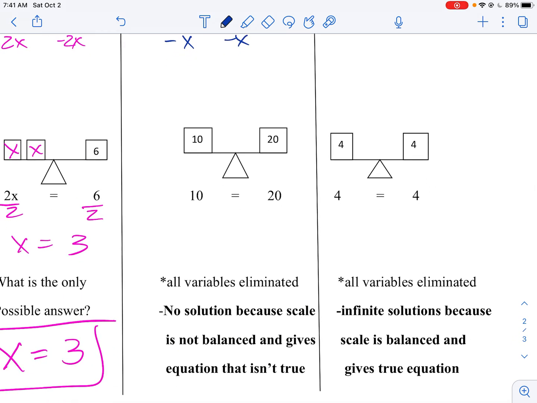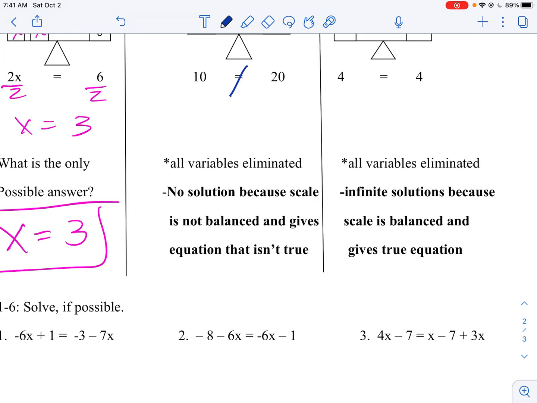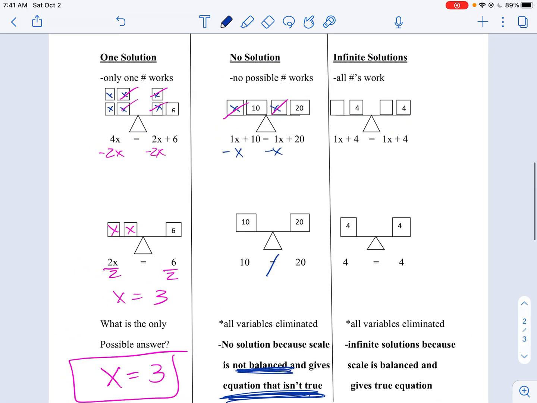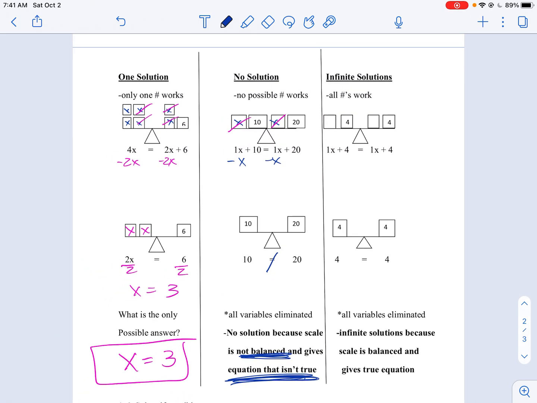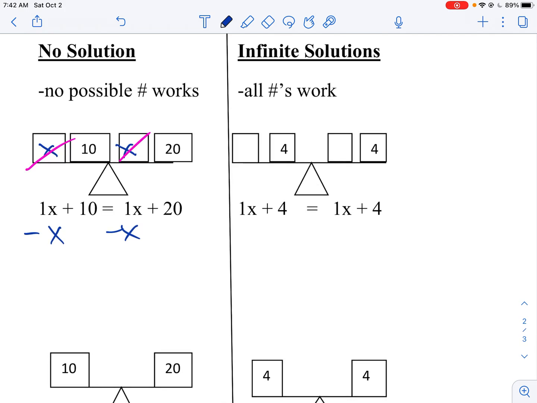Does 10 ever equal 20? No, it never equals 20. There's no solution because the scale is not balanced. The equation is not true. All the variables were eliminated, and the constants did not equal each other. So then we have infinite solutions.